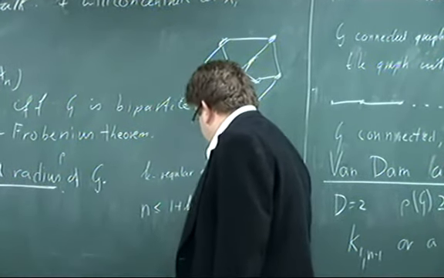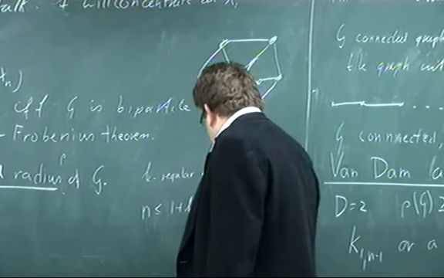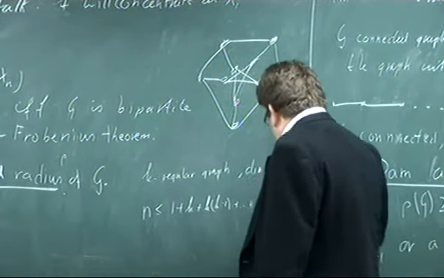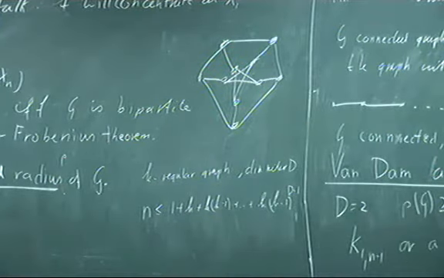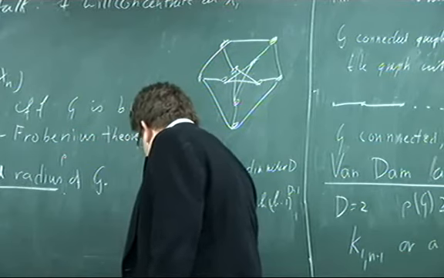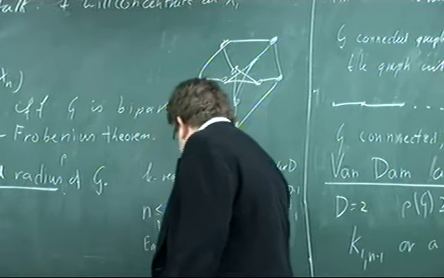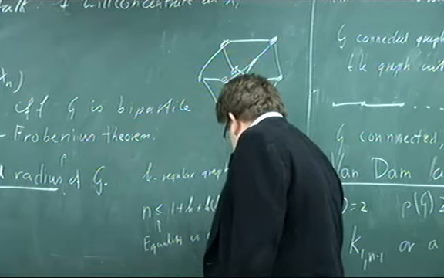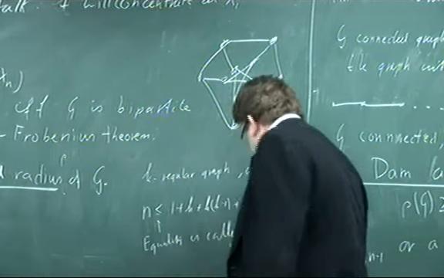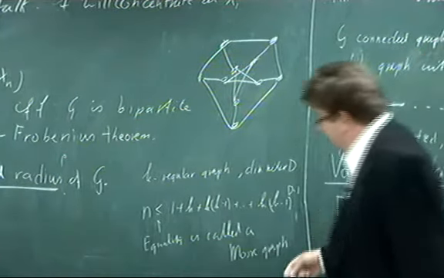plus k times (k minus 1) plus ... plus k times (k minus 1) to the power d minus 1. And equality is called a Moore graph. This is called a Moore bound, by the way.